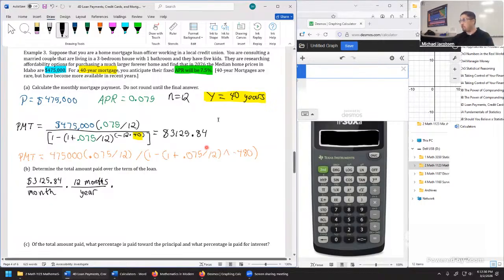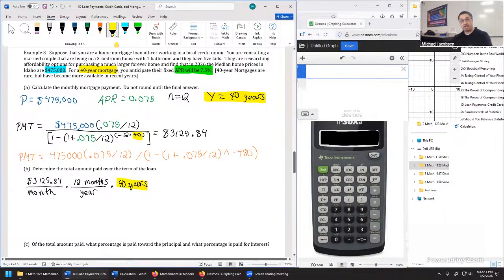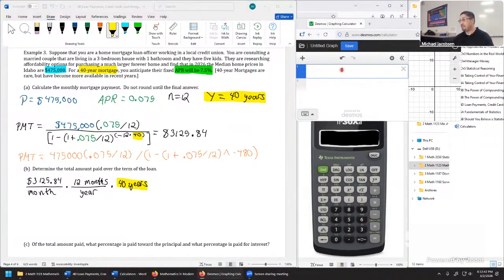Multiply that by the term length, which is 40 years. And here's what we're going to have them paying out. So $3,125.84 times 12 times 40 years, it comes out as $1.5 million.